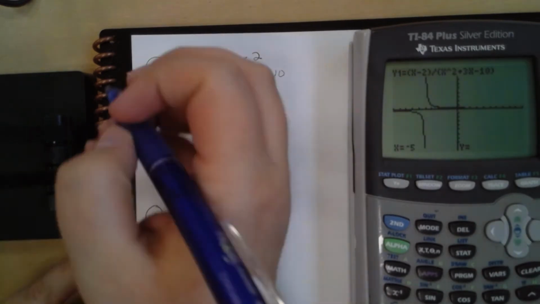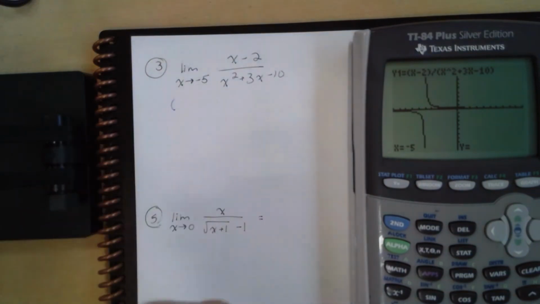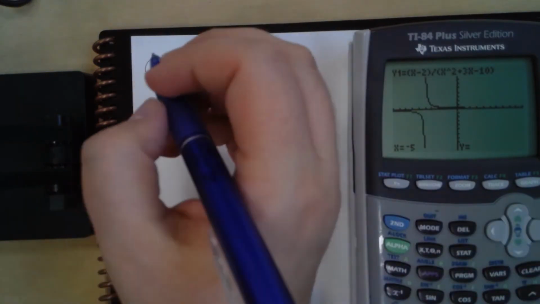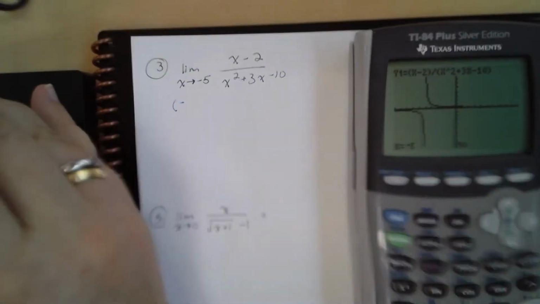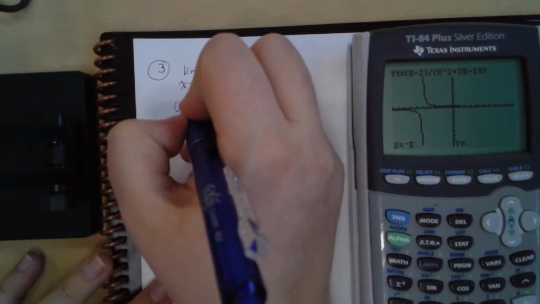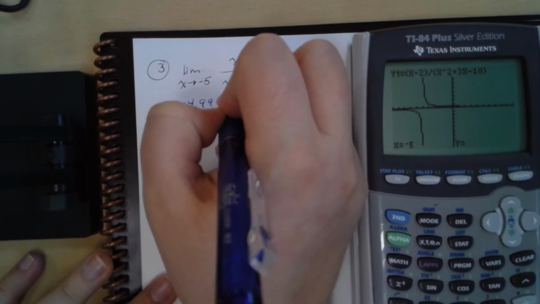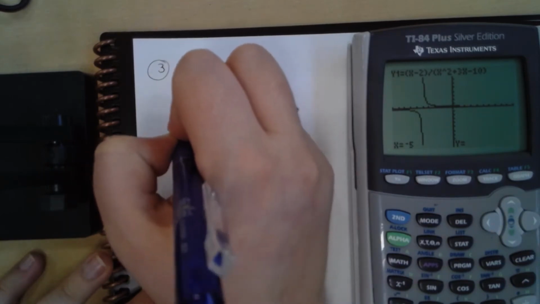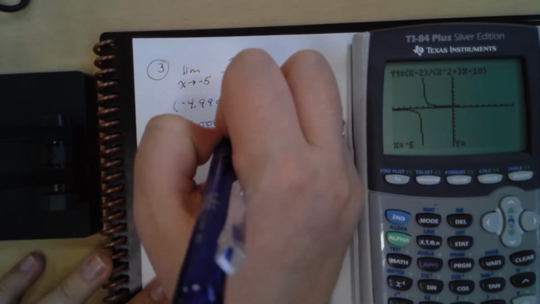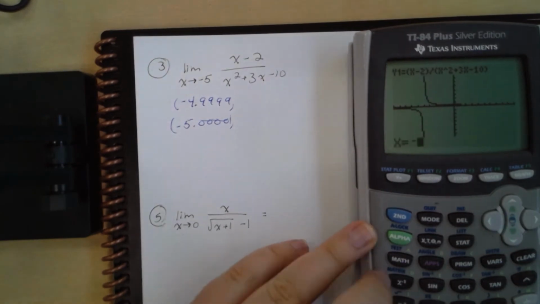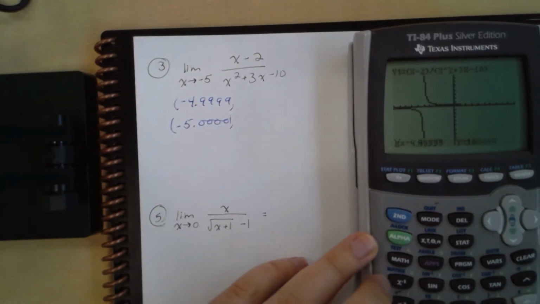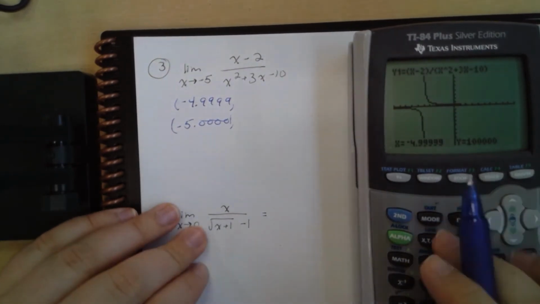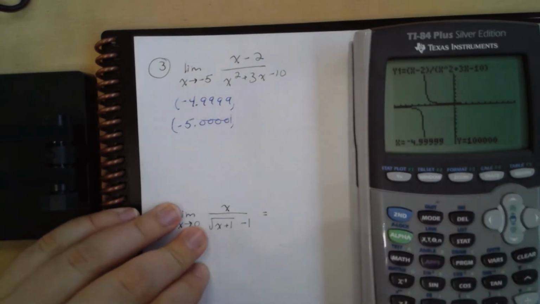So again, I go numerically. I'm going to go 1 to the right, so I'll have negative 4.9999999 and negative 5.000001. For negative 4.9999, I get basically 100,000.